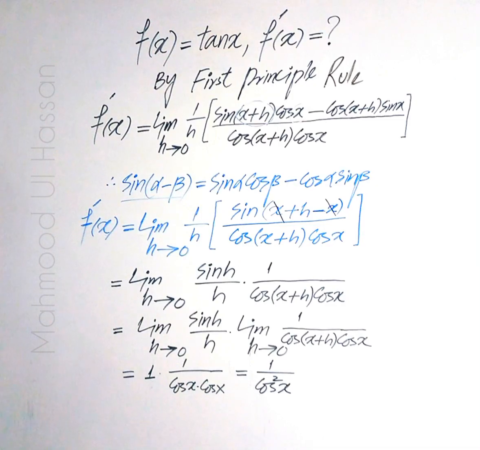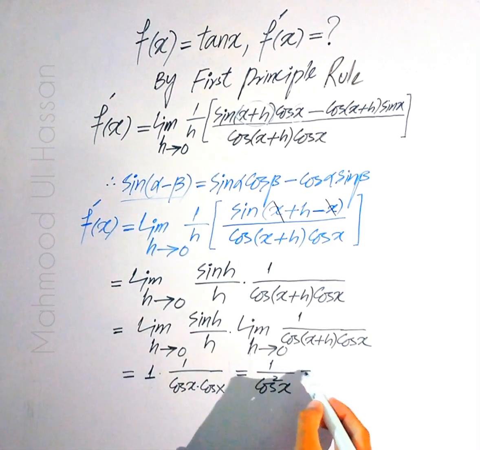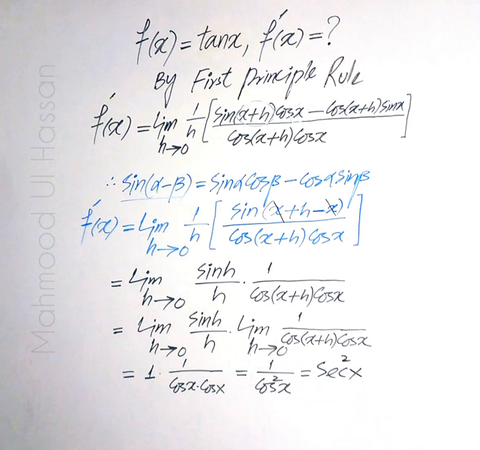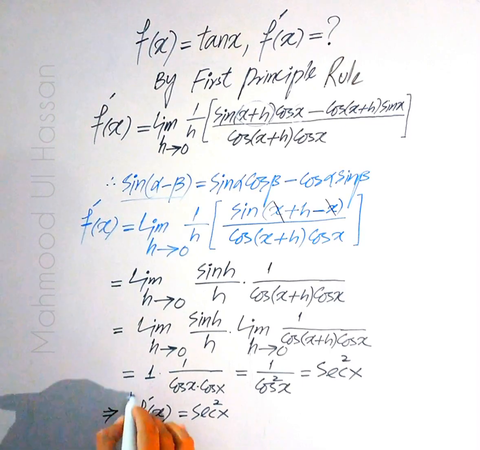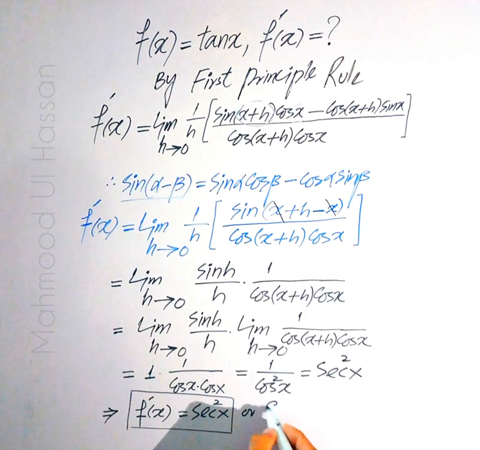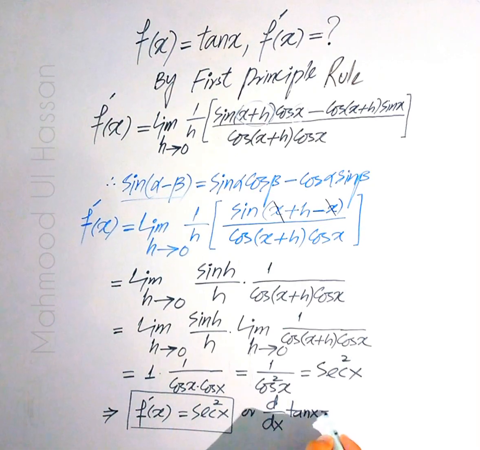Okay, and we know that 1 over cos x equals secant x, so this will become secant square x, right? So f prime of x is equal to secant square x. So this is the derivative of tangent x, or d over dx of tangent x is equal to secant square x.